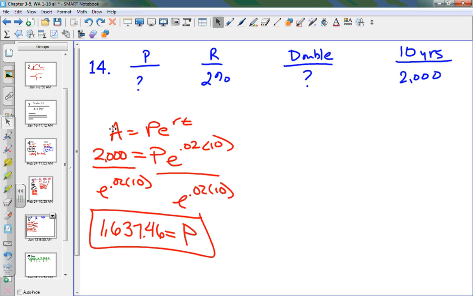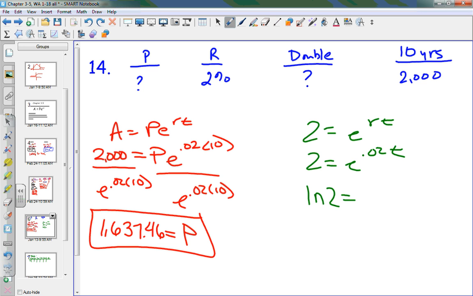Now, how do I find the time to double? 2 is equal to e to the rt. r is 0.02. How do I find this? Take the natural log. So the natural log of 2 is equal to 0.02t. And how do I solve that? Divide. So I have the natural log of 2 divided by 0.02 is equal to t.